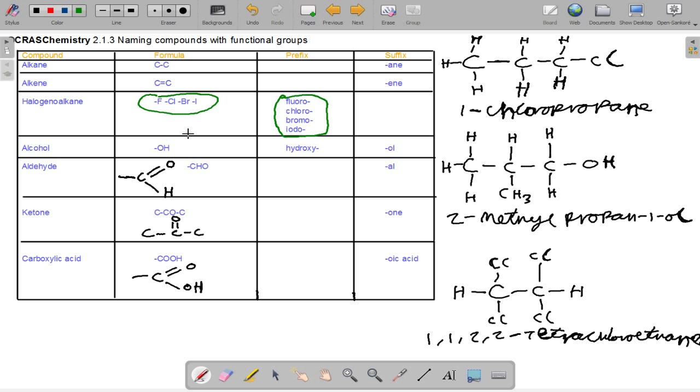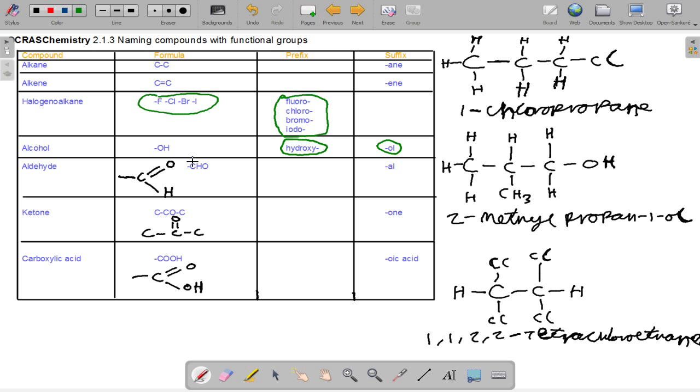And for alcohols, you have a prefix if there's a hydroxy, if it contains, like hydroxide. Anyway, and a suffix, o.